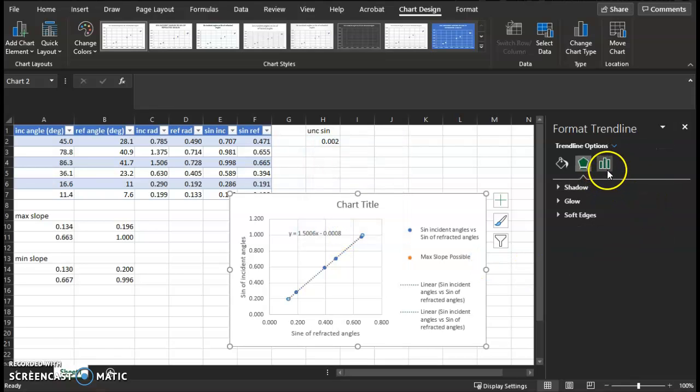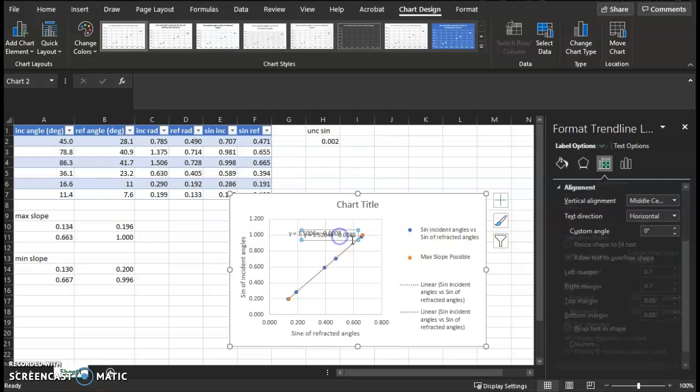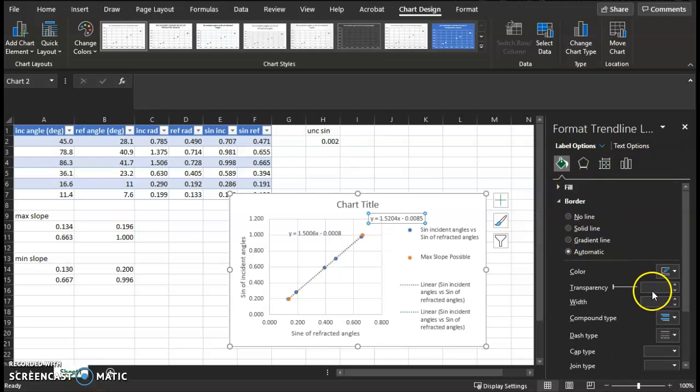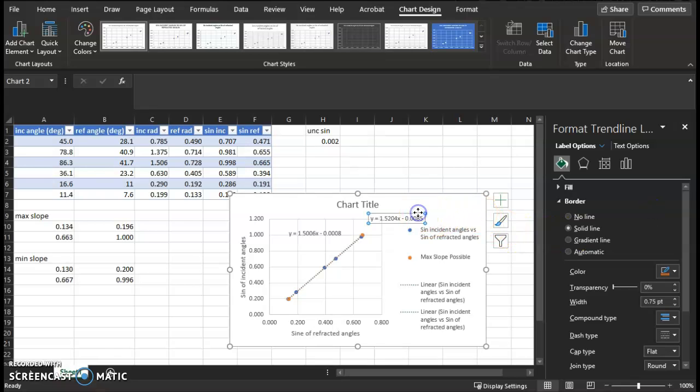Click OK. And we want to display this equation on the chart. And notice this max slope possible should be larger than my line of best fit. And to denote the difference, I'm going to put a solid line around this box. Okay, that's my max slope. Let's do the min slope.